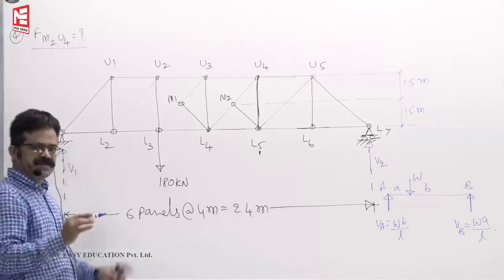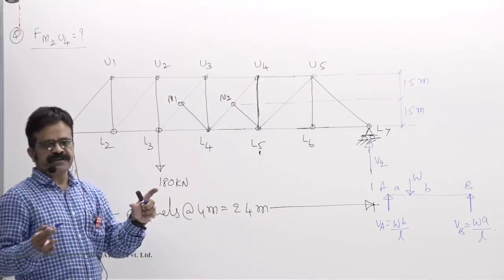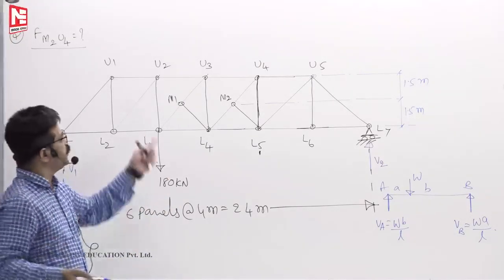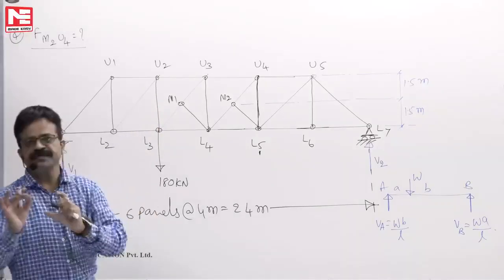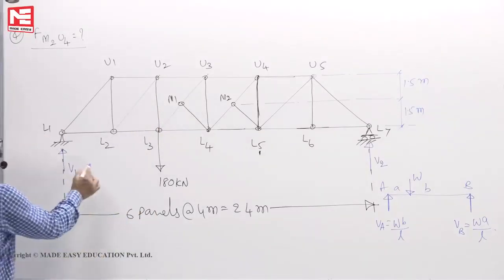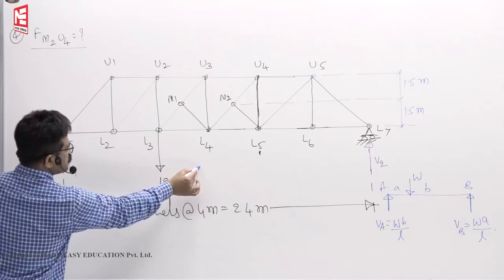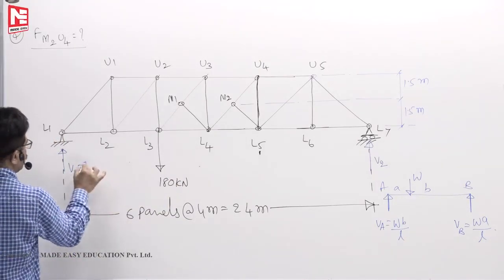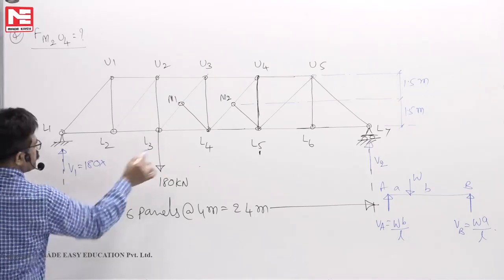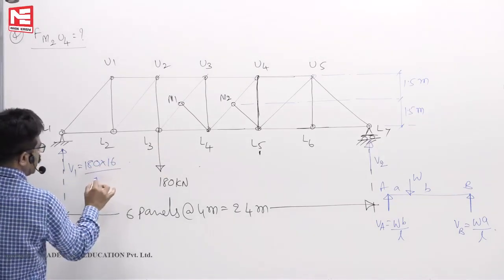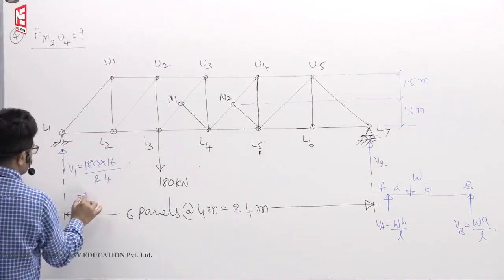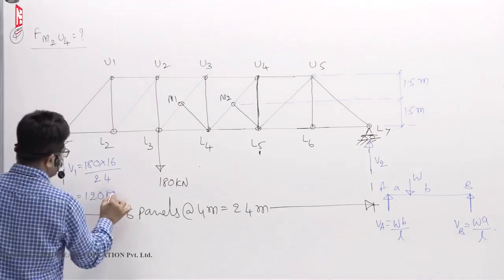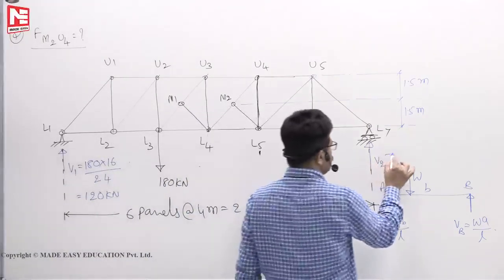Whenever dealing with a truss, you must idealize it like a beam only; the only thing is beam action is converted into truss action with the help of a link mechanism. So this is 8 meters, this is 16 meters. V1 you can take as W is 180, b is 4 panels, 16, by L, 6 panels, 24. So you will get 120 kilonewton. This will become 60.